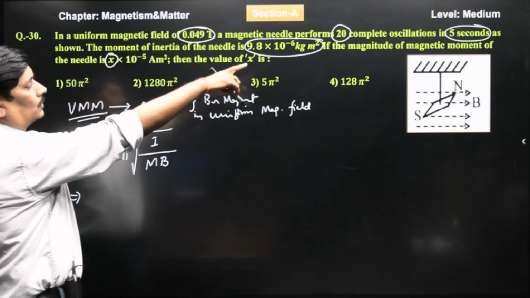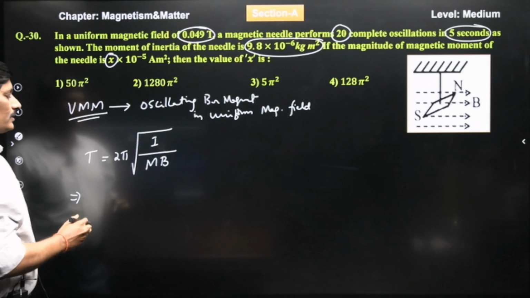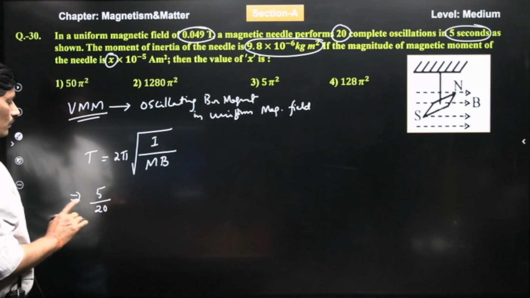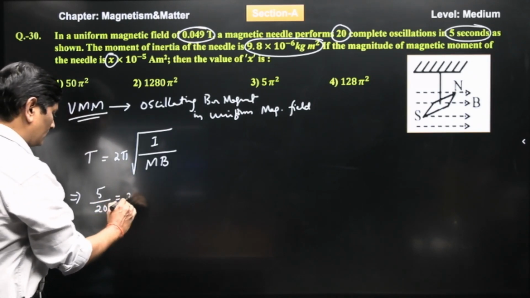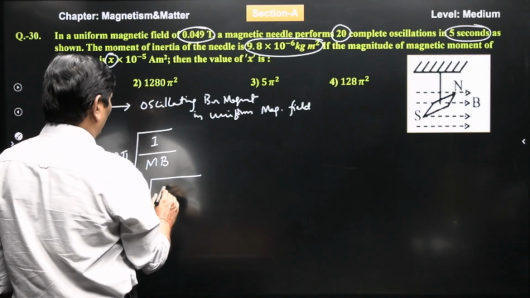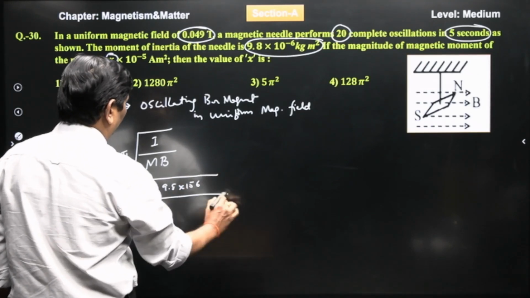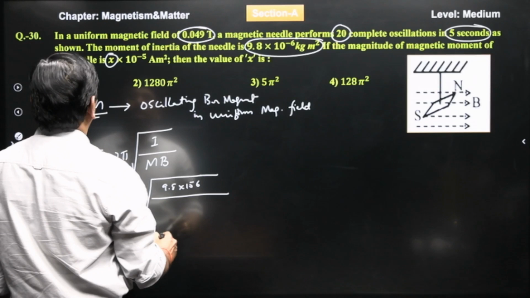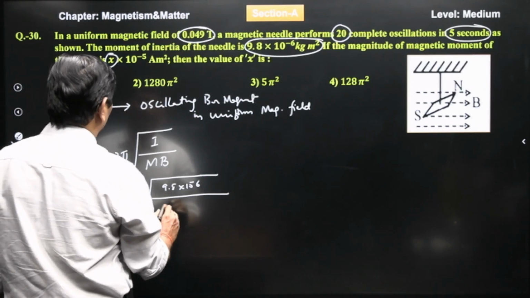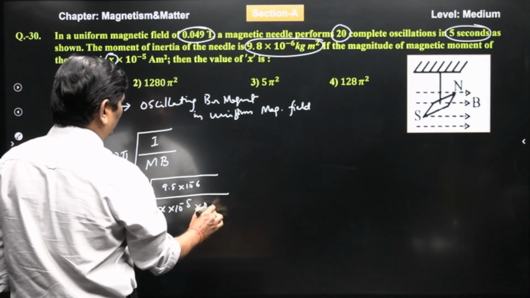Now see, 20 complete oscillations in 5 seconds, so for one oscillation, 5 divided by 20 is equal to 2 pi into square root of the moment of inertia 9.8 into 10 power minus 6, followed by M, the magnetic moment x into 10 power minus 5, and B value is given as 0.049.